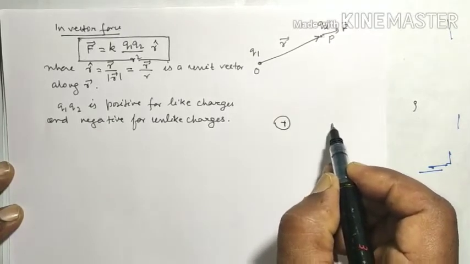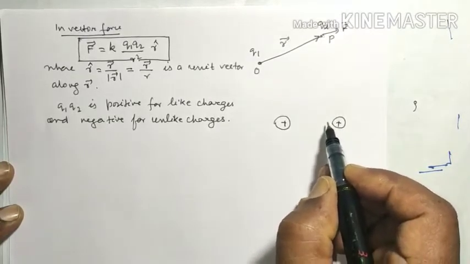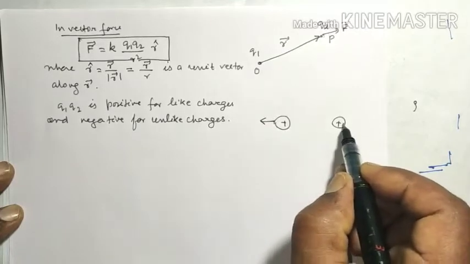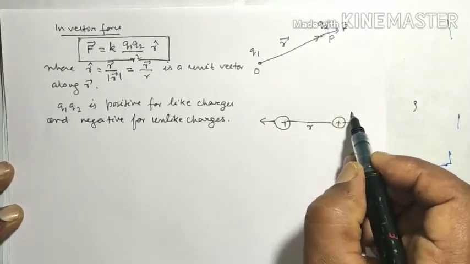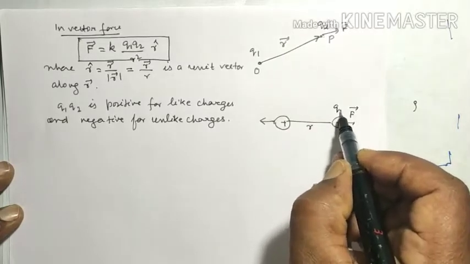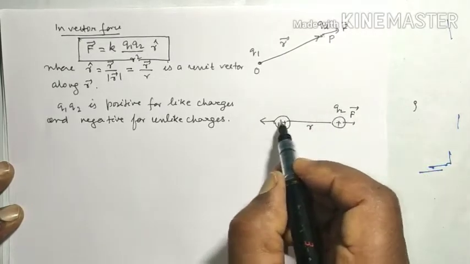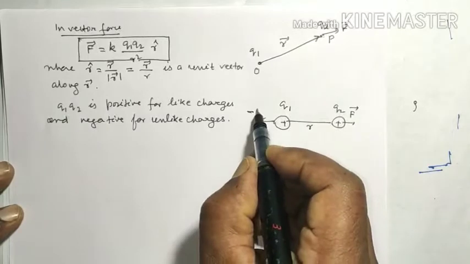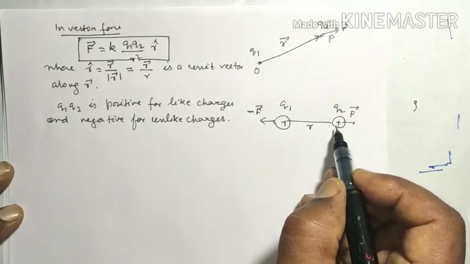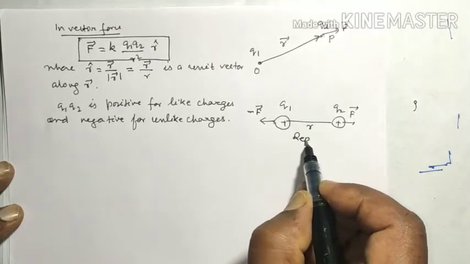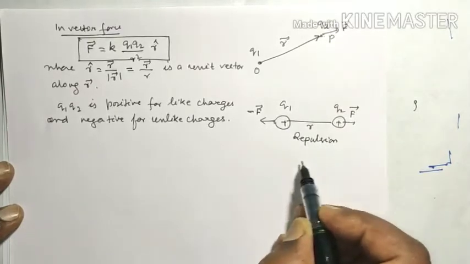We consider two like charges, positive. They are found to repel each other along the line joining the two charges. So this is your force F, the force on Q2 due to Q1, and minus F, that is the force on Q1 due to Q2. So this is the case of repulsion.